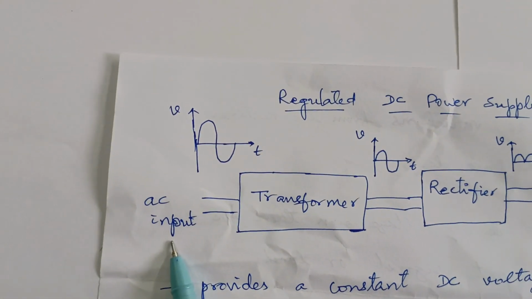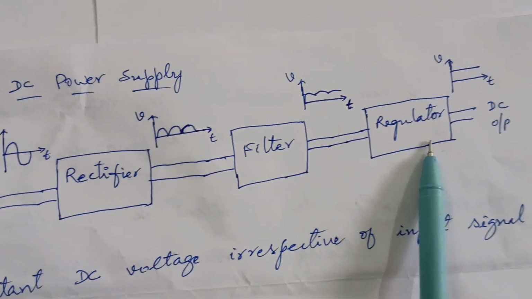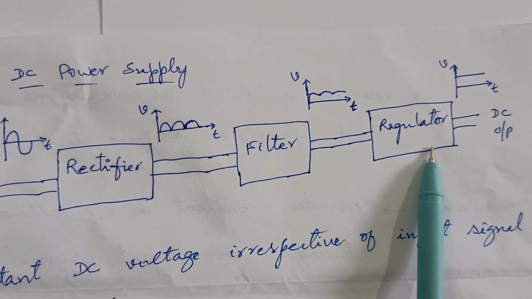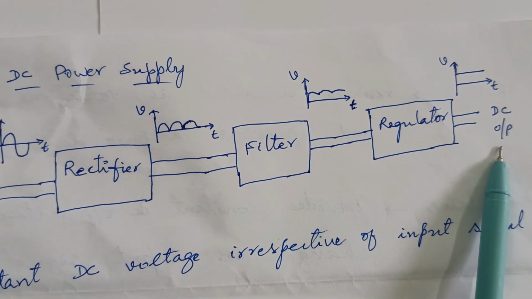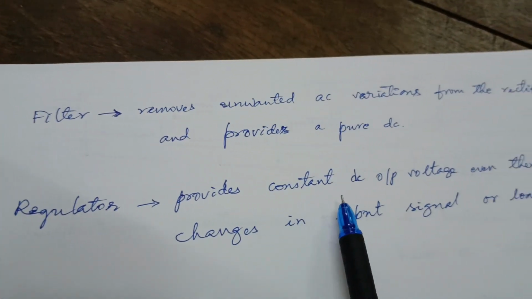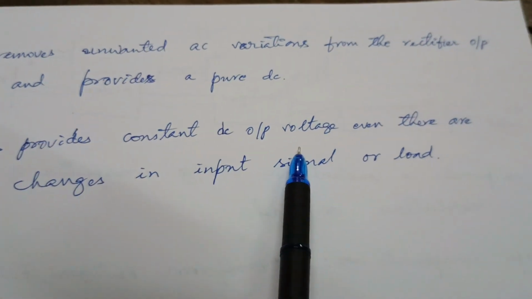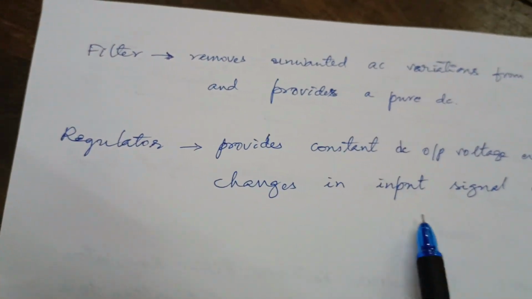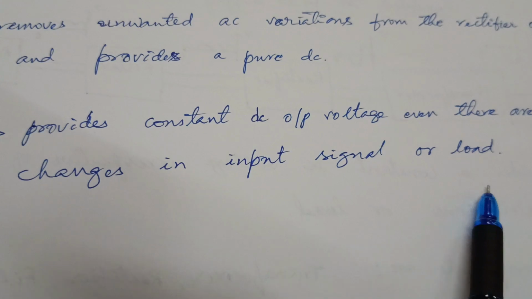Even if there are changes in the input signal, this regulator maintains constant output, and also it maintains constant output even if there are changes in the load. So the regulator circuit is used to provide a constant DC output voltage even if there are changes in the input signal or changes in the load.